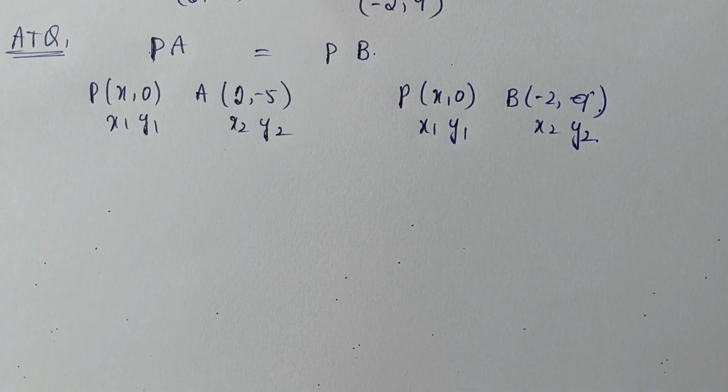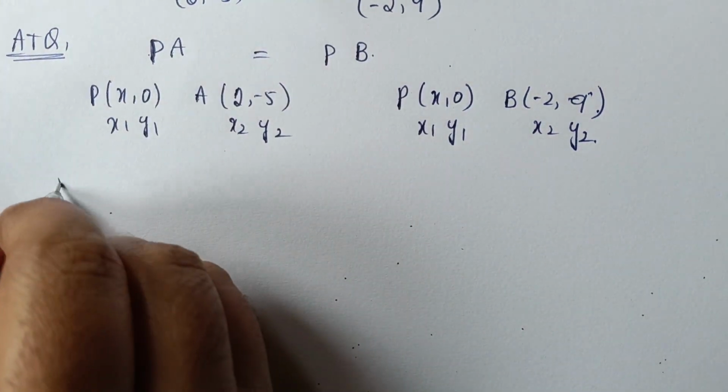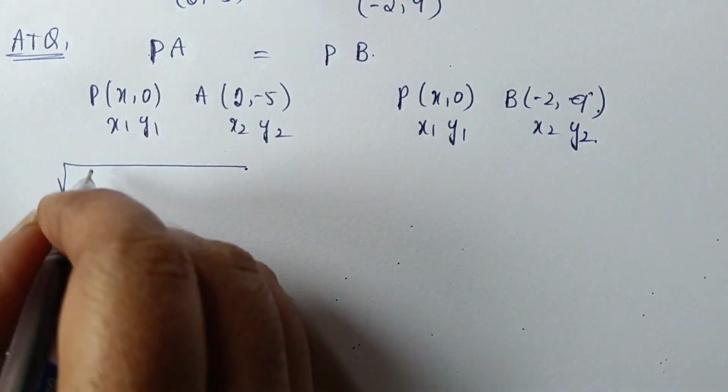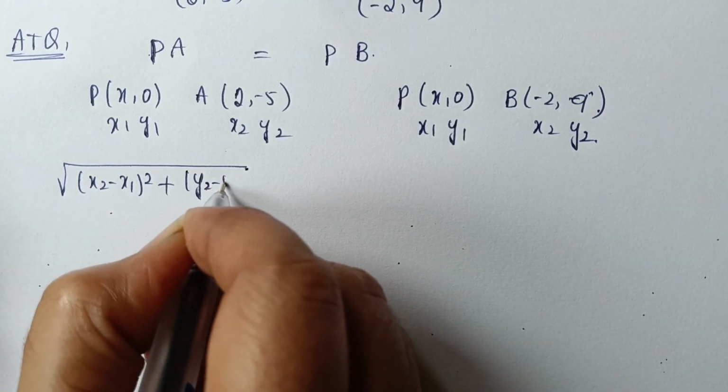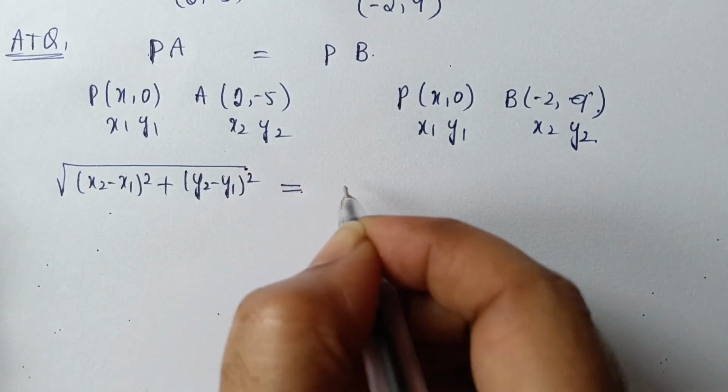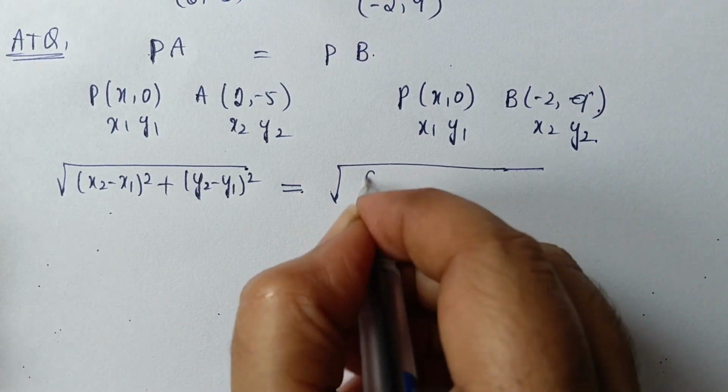Okay, so now PA. PA is equal to the distance between P and A, square root of (x2 minus x1) whole square plus (y2 minus y1) whole square, equal to, here also the same formula.